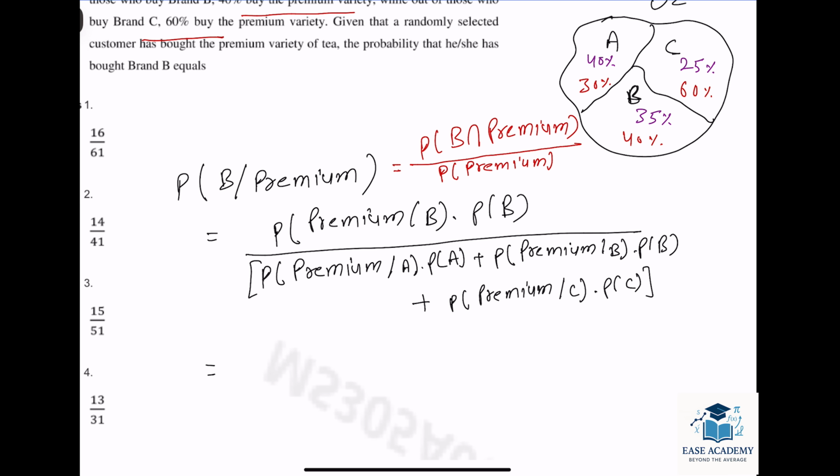If I put the values, if a customer bought from B, what is the probability of premium? That is given to be this red color, 40%. The probability of B is 35%. It means 35 by 100 is the probability, and this probability will be 40 by 100. Similarly, for brand A we have this information: 40 by 100 times 30 by 100. Similarly we just have to put the values.